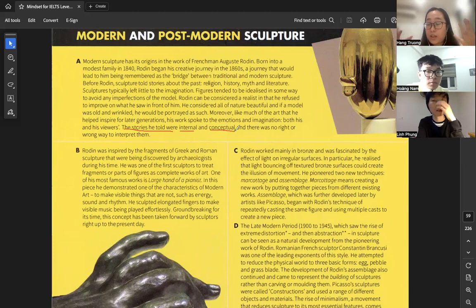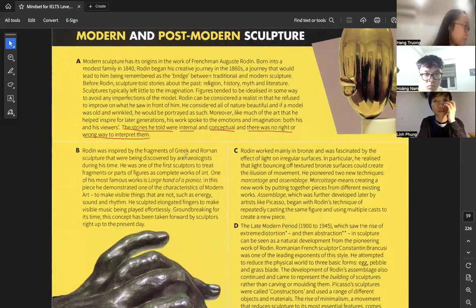So it invites other people to interpret the artwork on their own, and he doesn't try to project any one idea or one message behind the work, right? So there was no right or wrong way to interpret them. Okay, very good. So it's true.